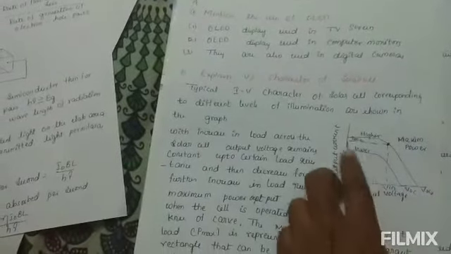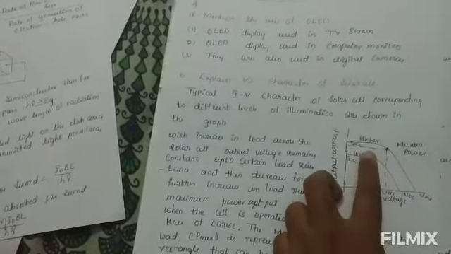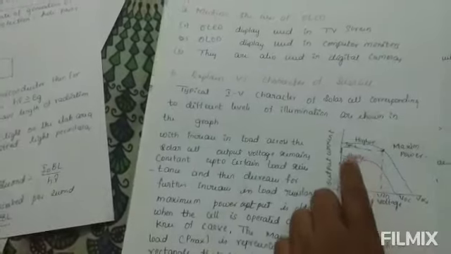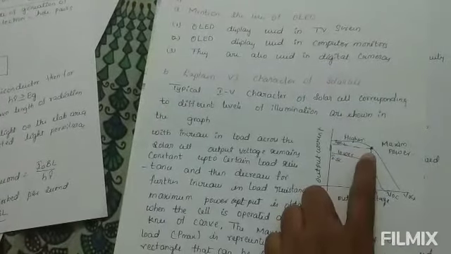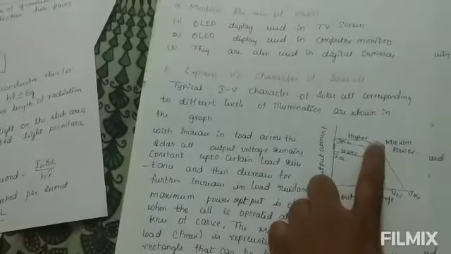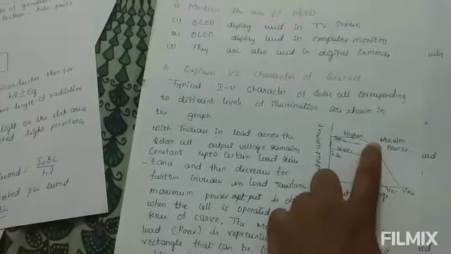For this we can calculate the area below the curve and the maximum power. This point will be the maximum power, because when you increase the voltage, the current will also go on increasing.